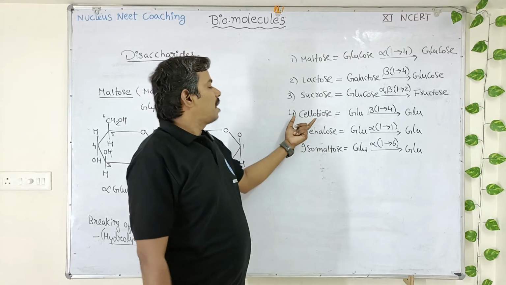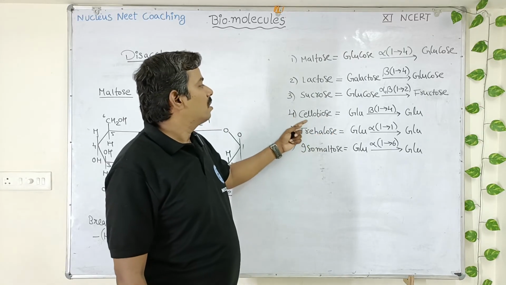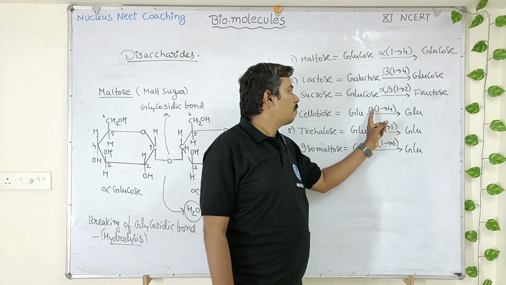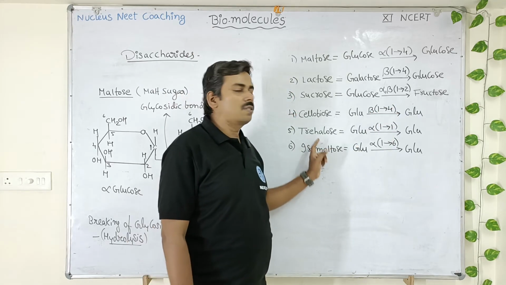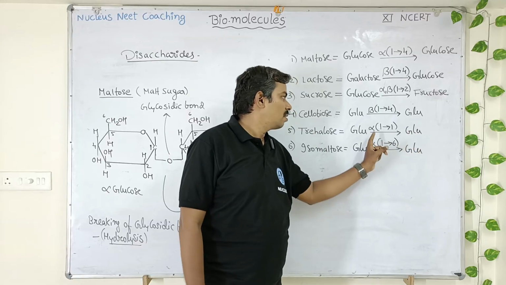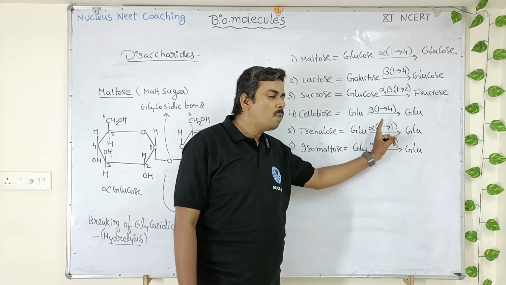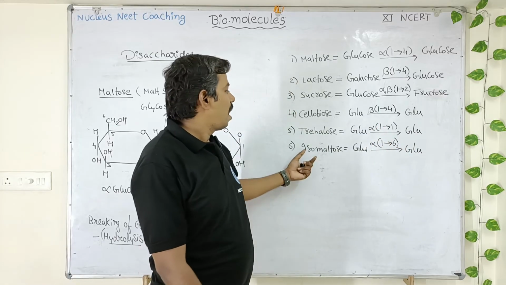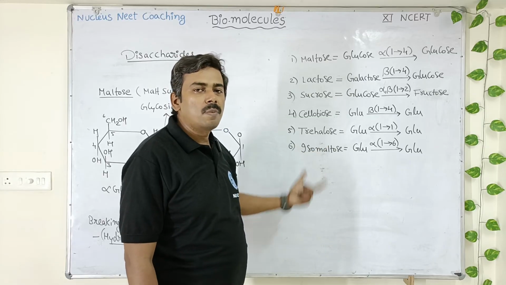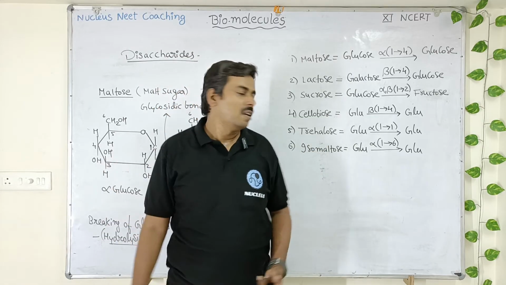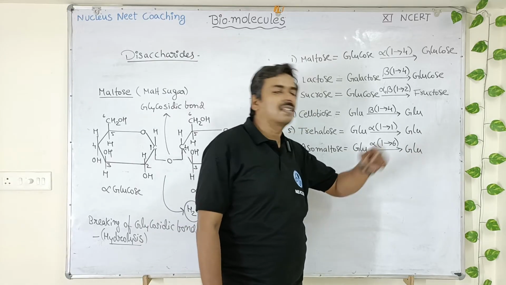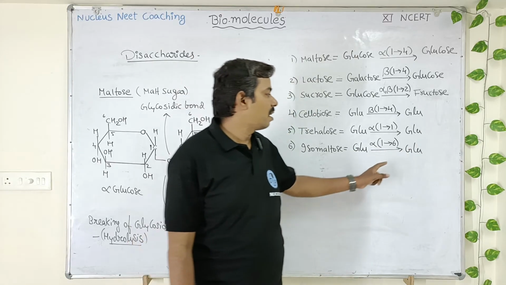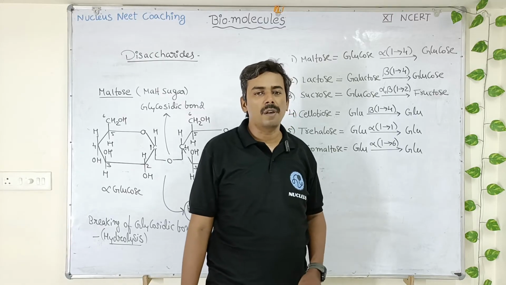Okay. Cellulose. Cellulose is having glucose attached by beta 1 to 4 glycosidic bonds. Trehalose has glucose attached by alpha 1 to 1 glycosidic bonds. Isomaltose is just isomer of a regular maltose. It is having glucose alpha 1 to 6 glycosidic bond which is attached to another glucose molecule.